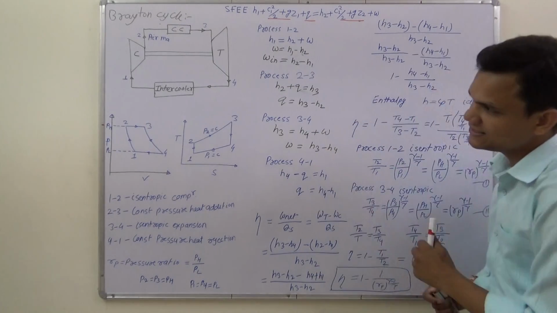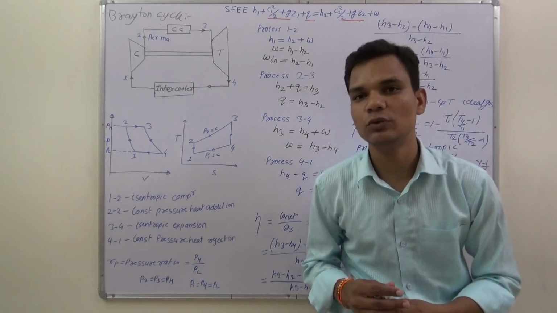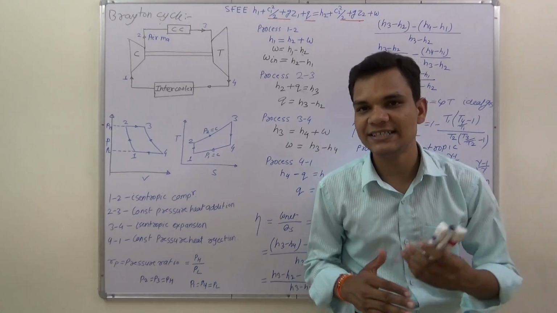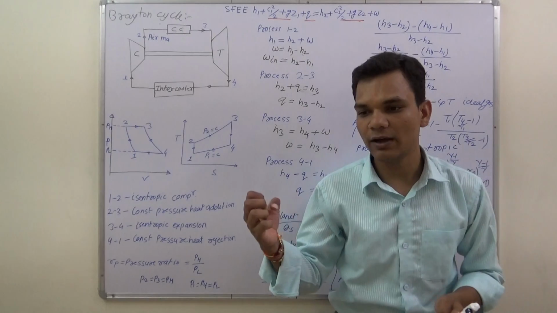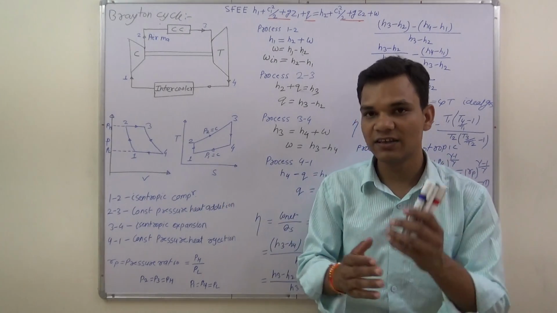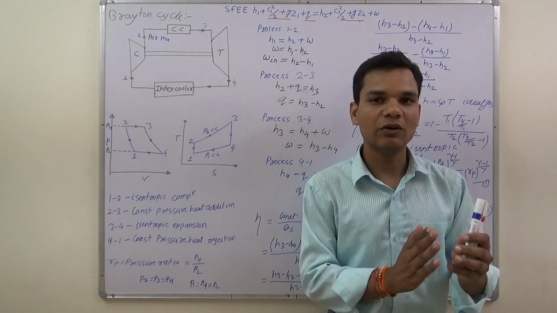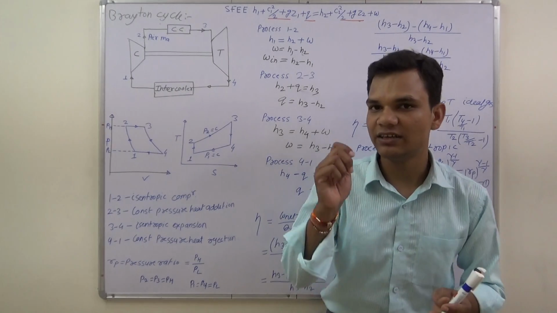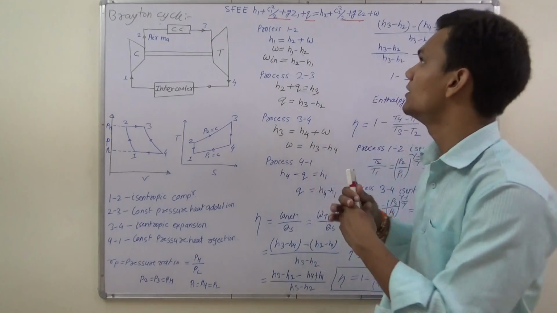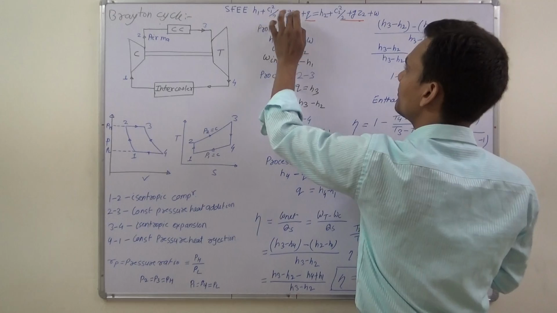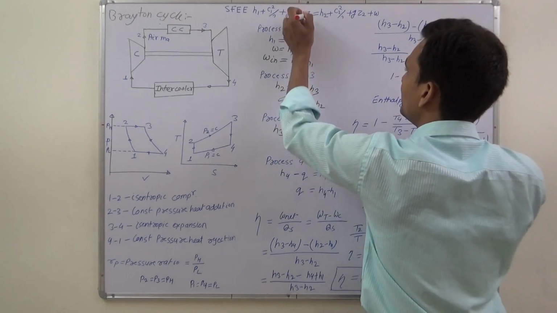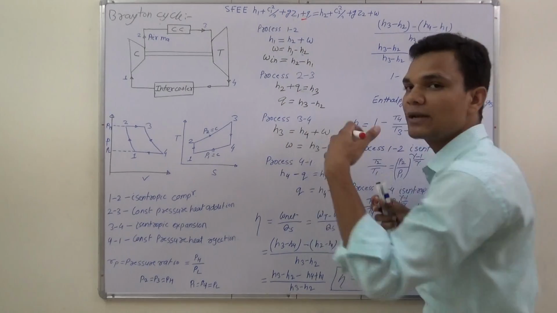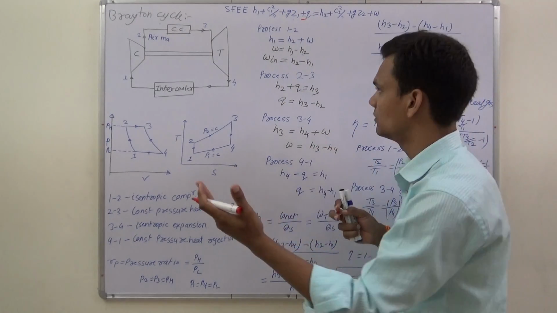And the last device is our intercooler. In the intercooler we reject heat from the system to other devices. So for this heat rejection we take heat with the negative sign. So for the intercooler, the positive sign in our equation will become negative, because we are rejecting heat.